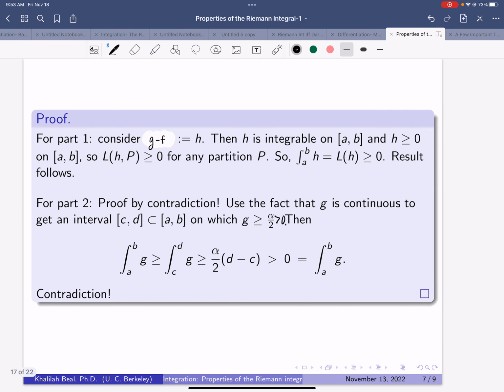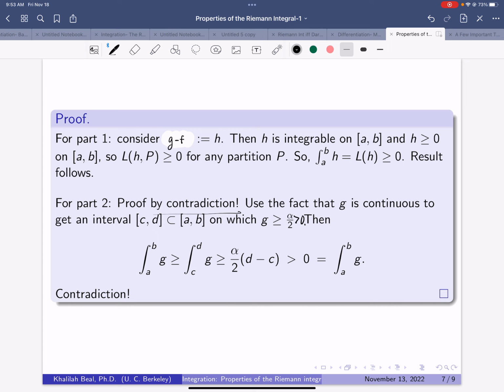So that is how you prove this part 2. So I said proof by contradiction, use the fact that G is continuous to get an interval. This is that X naught minus delta to X naught plus delta that I was talking about in the proof, on which G is bigger than or equal to alpha over 2. So the alpha that I used was the G of X naught, okay?